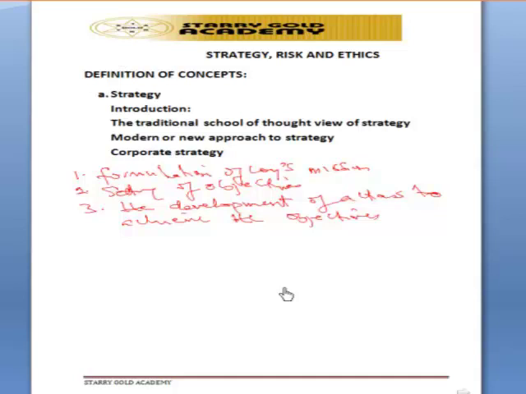Now the strategy for the formulation of that organization's mission, the setting of the objectives, and the development of actions to achieve those objectives that are already set, is what we call strategy.